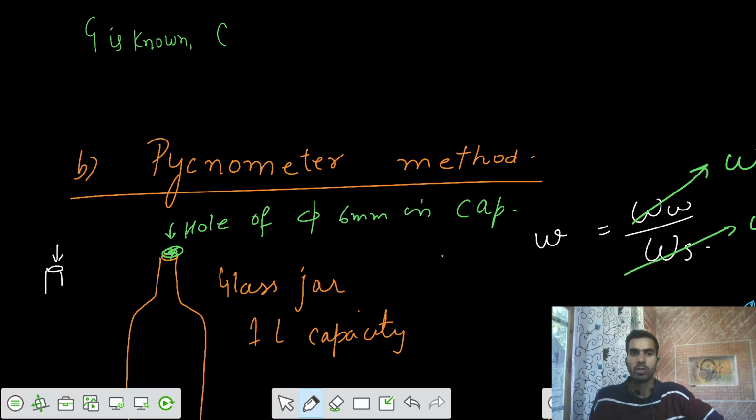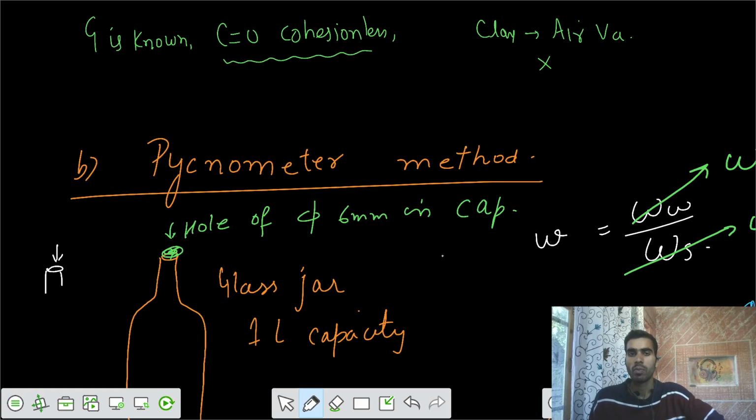Your soils are having C equal to 0, that means the soil should be cohesionless. If there is C, that means if there is clay, let's say this is cohesive, there is air entrapped, there is some volume of VA. So this is not suitable for this method. So our pycnometer method is suitable for cohesionless soils.